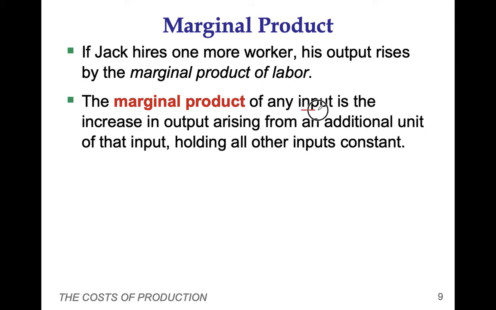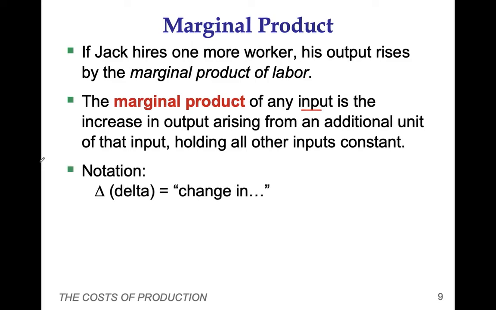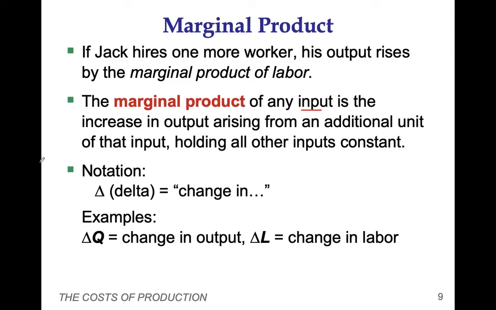is the increase in output arising from an additional unit of that input, holding all other inputs constant. So if we denote by delta a change in a variable, then delta Q represents the change in output, and delta L represents the change in labor.